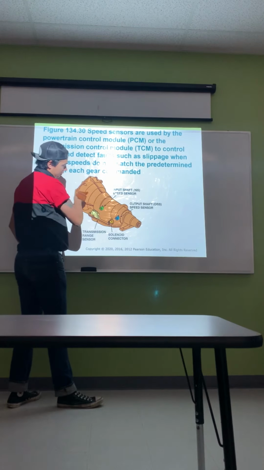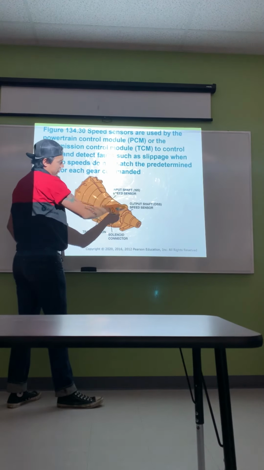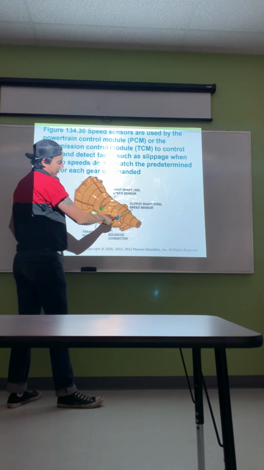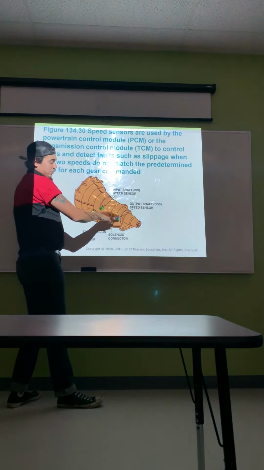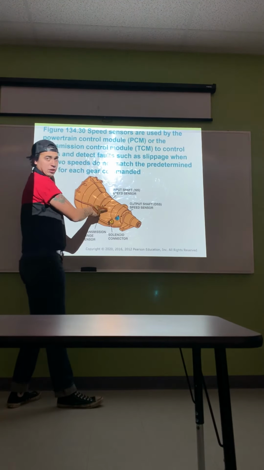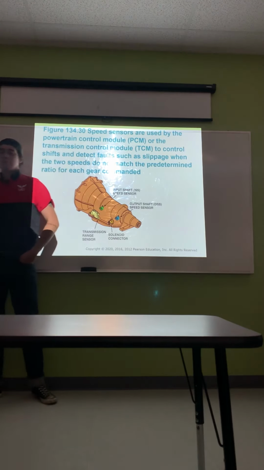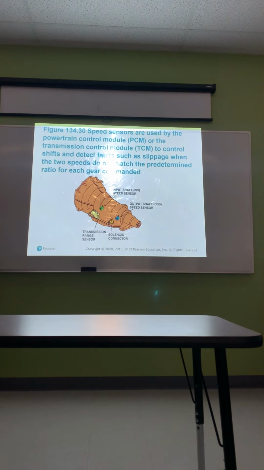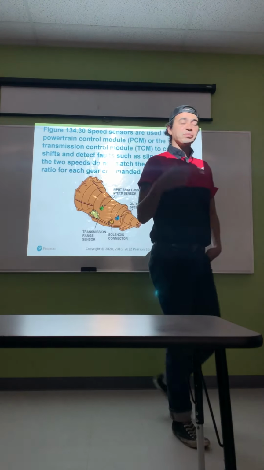Let's say this RPM is a lot higher in the ISS speed sensor than the output OSS. We know if this one's spinning faster, but this one's spinning slower, obviously we've got an issue somewhere. We know that something's slipping, so now I can send a code to the transmission or to the computer and actually throw a check engine light. That's the beauty of technology nowadays.